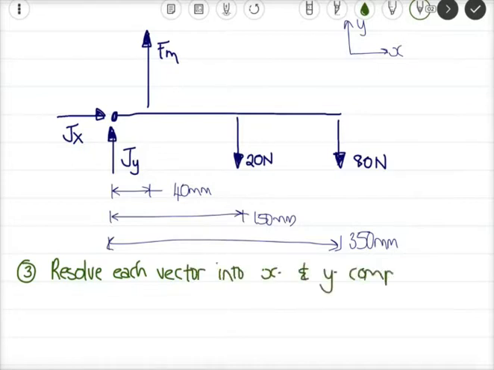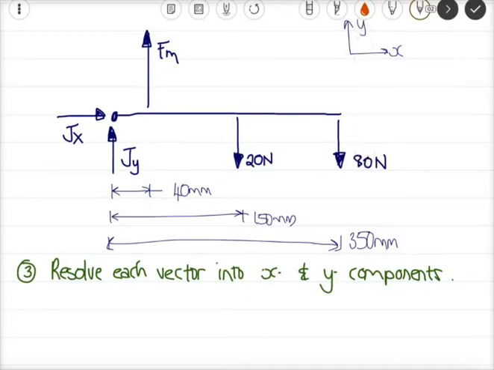And at this stage of the analysis, I would just do this graphically. I would wait until step 7 really to actually resolve the vectors mathematically. So just do it graphically. Now in this question we have the luxury that all our vectors are either in the Y, so they're pointing up or down, or they're in the X, so they're pointing left or right. So we don't have to do anything. That step is done.